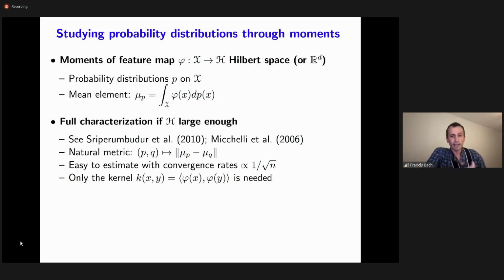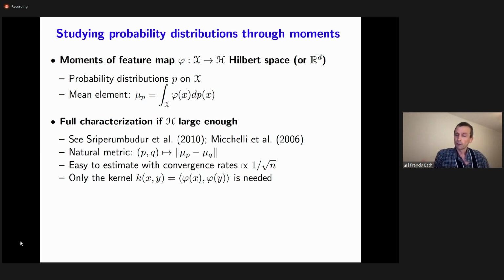And this has led, particularly if you use the Hilbert space structure and the Hilbert norm, to the classical maximum mean discrepancy, which is essentially the norm of mu P minus mu Q. So why is it nice? Well, first, it does characterize distances, so you can do learning with this and be consistent.